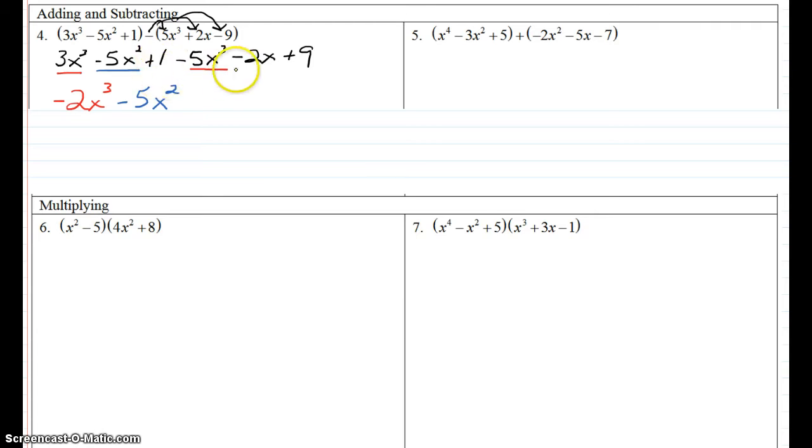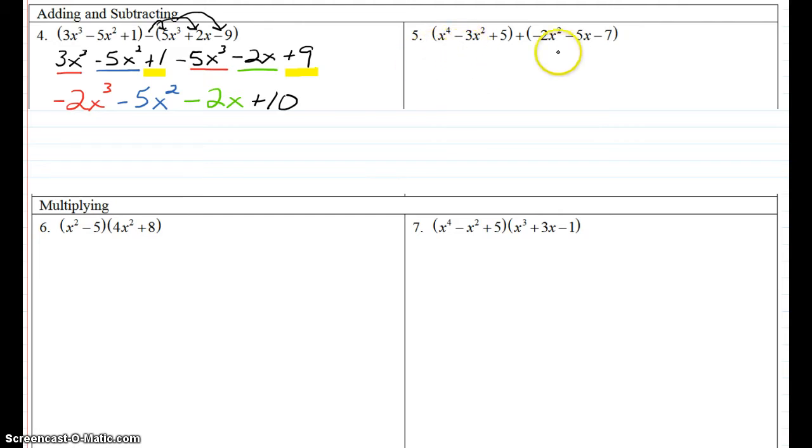Now we'll look for an x. There's only that one, so minus 2x, nothing to combine it with. And now we'll finish with our constant. And so we get 1 plus 9 gives us positive 10.